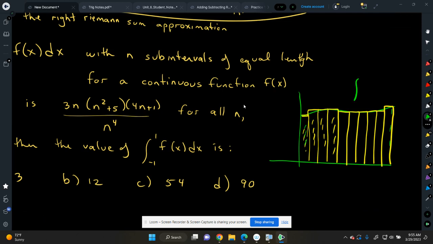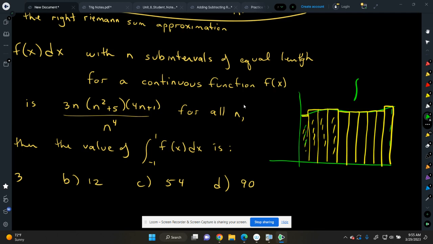Now, if I double the amount of rectangles, what can you tell me about that approximation of the integral? More accurate. Okay, so if I continue to double it and get more and more rectangles, then the approximation becomes closer and closer, right?